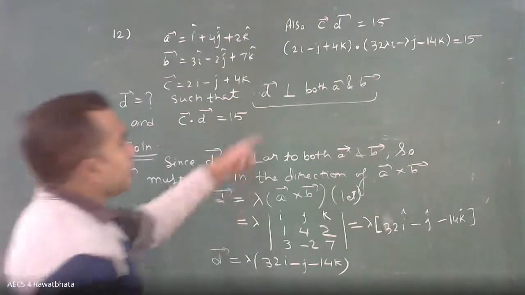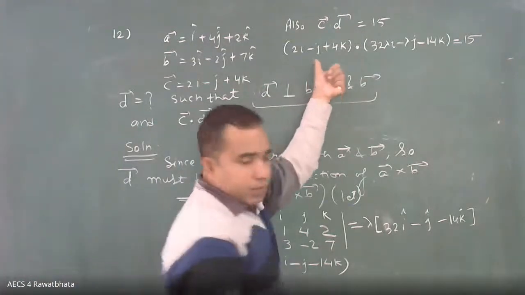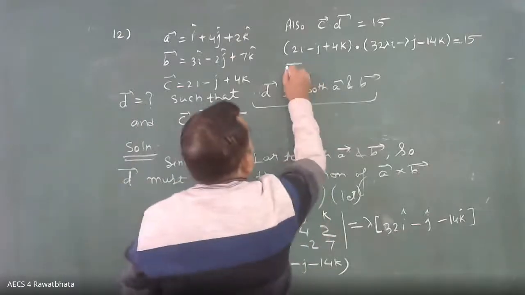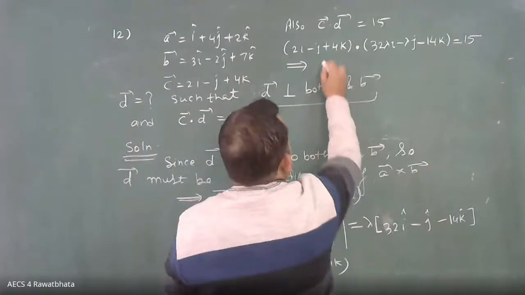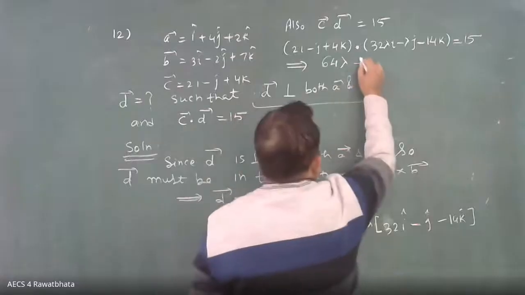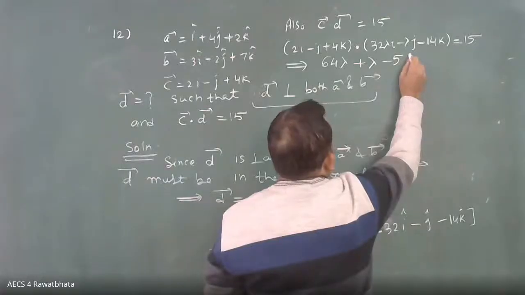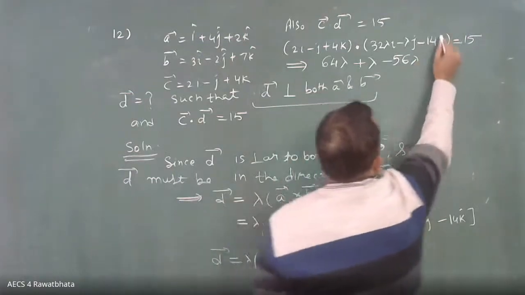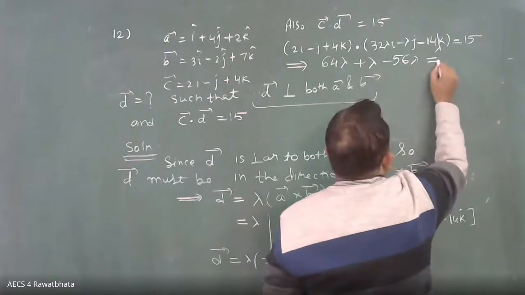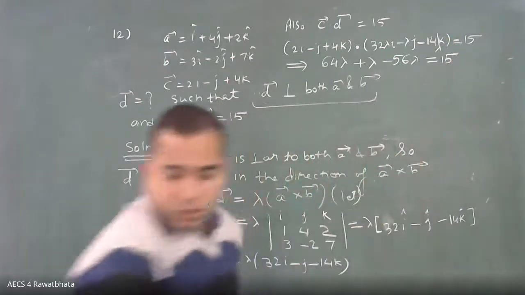Can you tell me, if I take the dot product, what should I write here? 64 lambda, yes, Ekansh. 64 lambda, plus lambda, minus 56 lambda. Equal to 15. Correct.